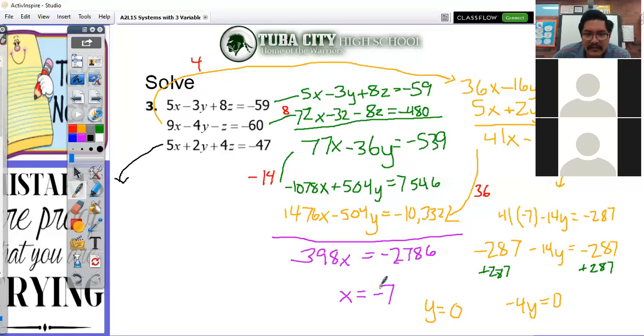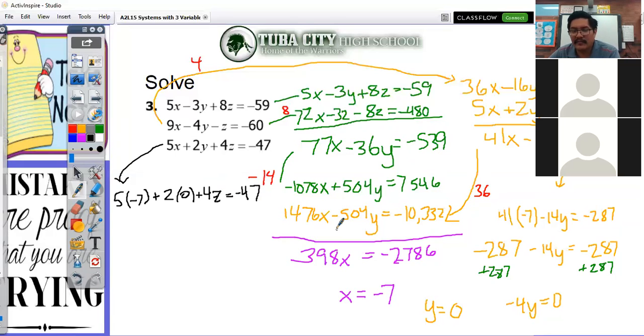All right, so let's go ahead and plug it in. So 5 times -7 plus 2y, so 2 times 0, plus 4z. Now I could have just left out the y like we did in standard form graphing.